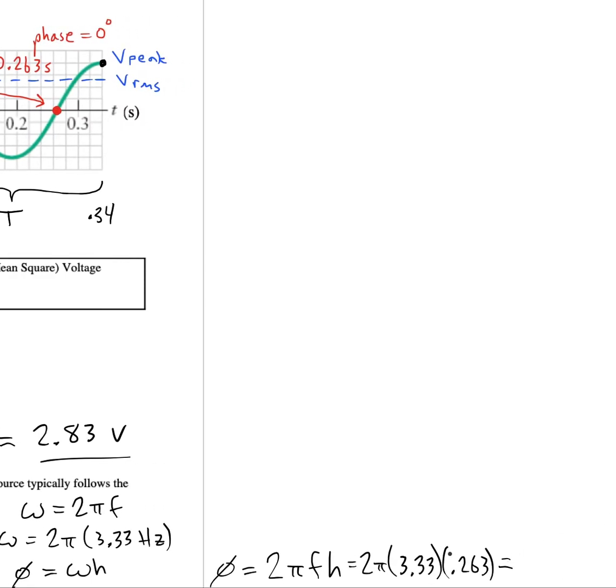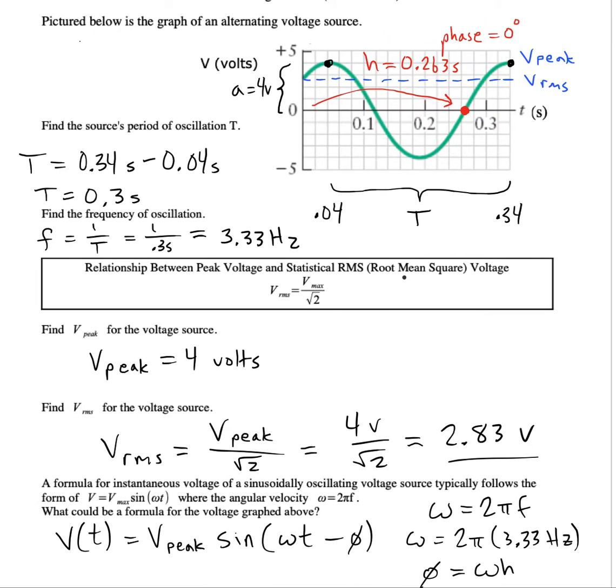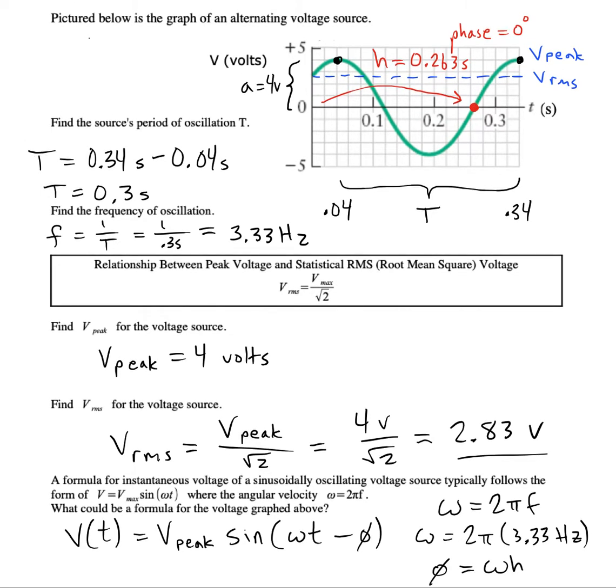Let's see what we get. All right, I get 5.5 radians. Now we can finally write our final answer.